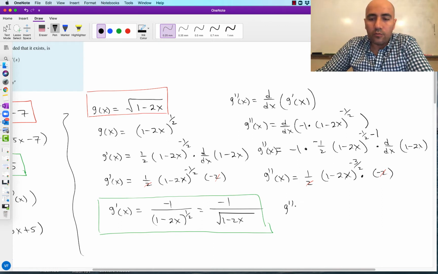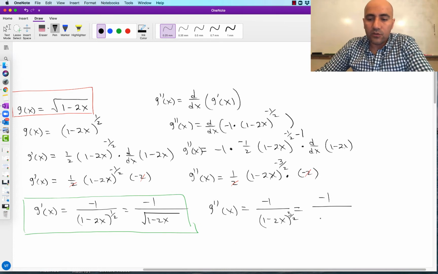So g double prime of x is going to be equal to, well, the only thing that survives is this negative 1 in the numerator, divided by this 1 minus 2x to the power of positive 3 divided by 2, which can be rewritten as negative 1 divided by the square root of this cubed, which means that we can pull one of them out, so it'll be 1 minus 2x times the square root of 1 minus 2x inside a square root.